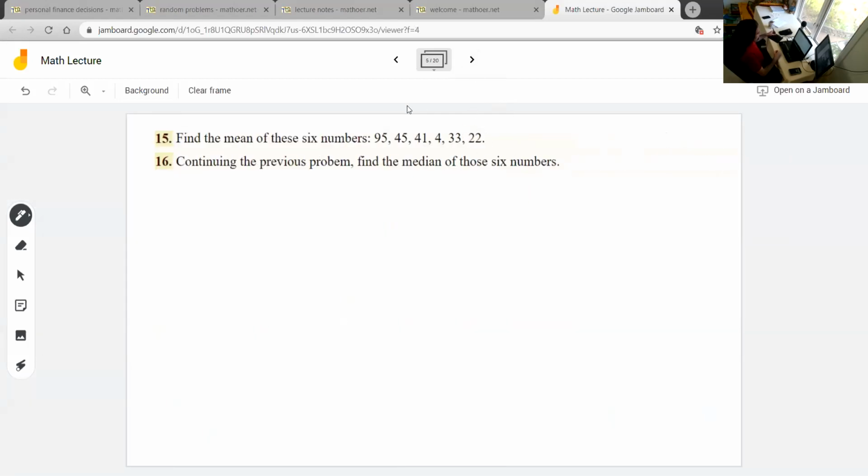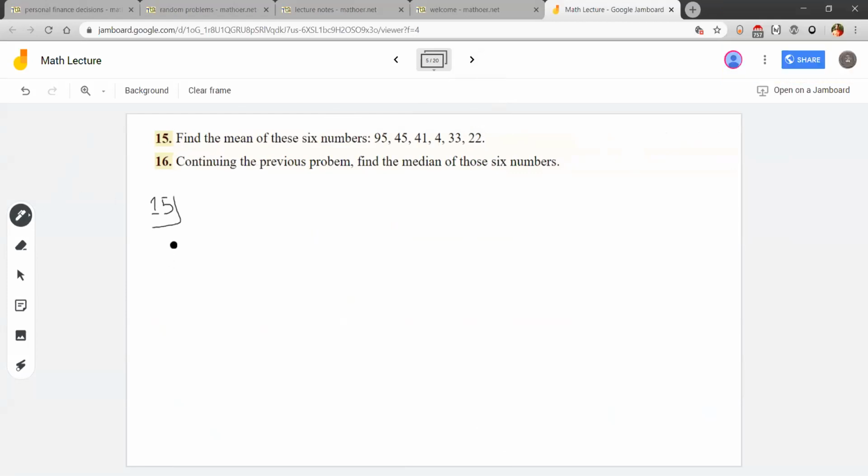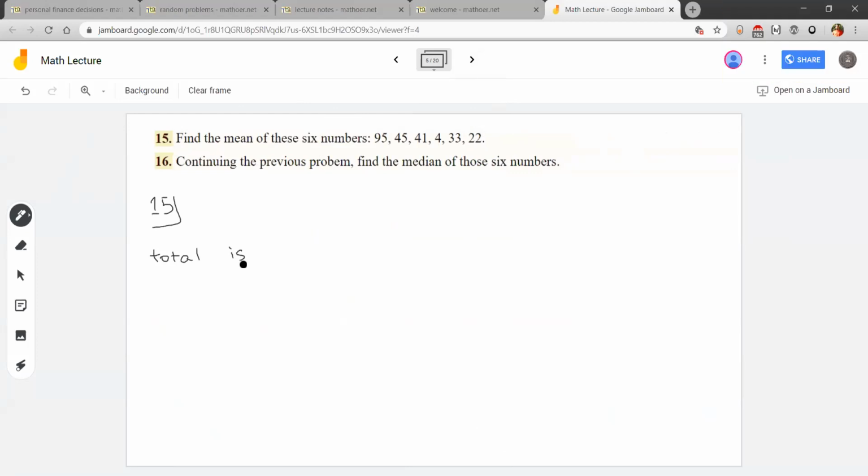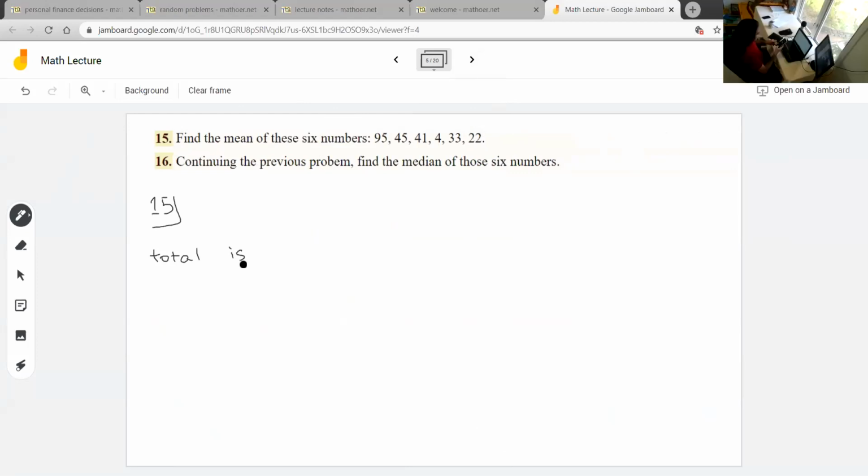Okay, how do I find the mean of numbers? Add them up and divide by how many numbers there are. So the total, I'm not going to bother to write them out again. Let's see, 95 plus 45 plus 41 plus 4 plus 33 plus 22, so 240.